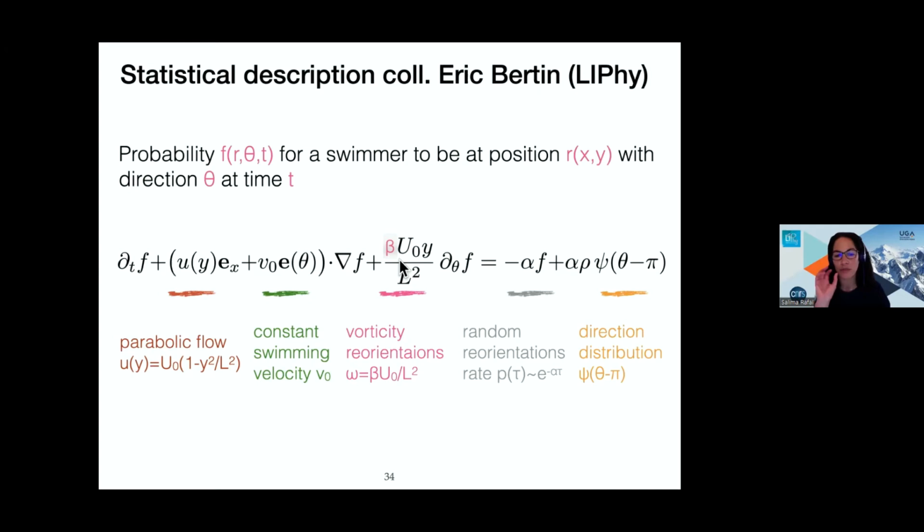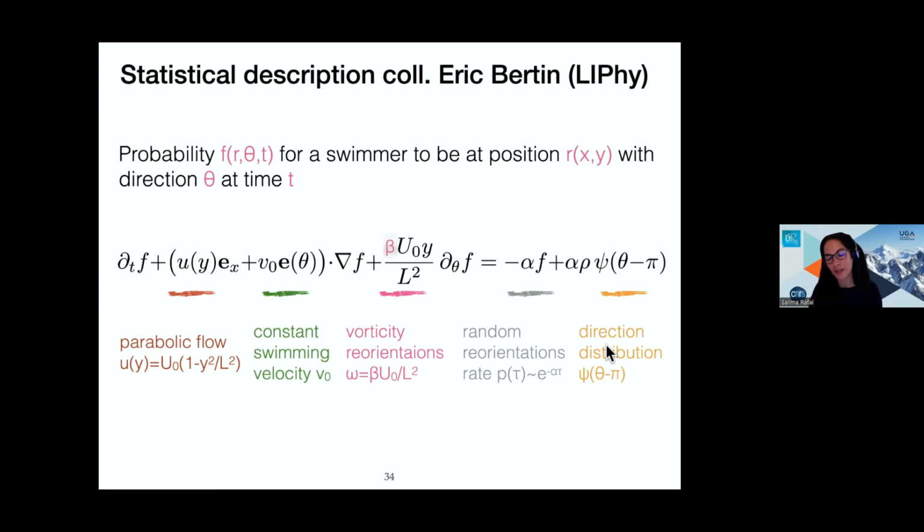That reflects a hypothesis we had from the rheology measurements that I'm not showing here: that the particle can resist the vorticity a bit. On the other side, you can take into account the random reorientation of the cells. They have a rate of reorientation that we assume is still the same here, even though there is a flow.